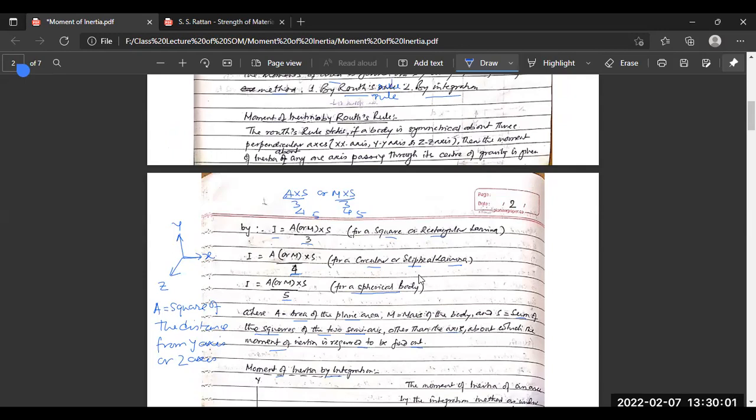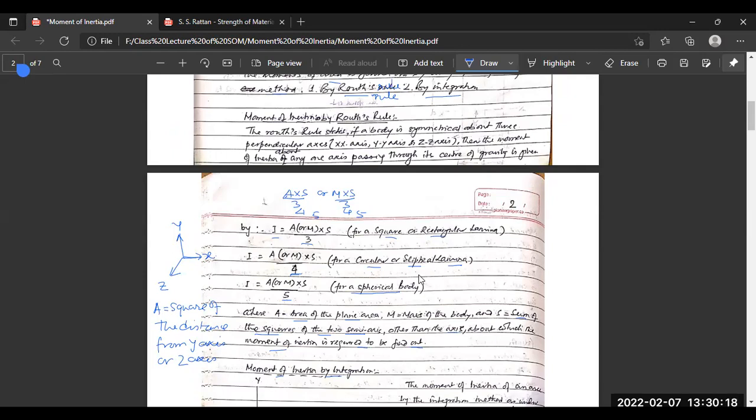area multiplied by S divided by 4, where A is the area of the plane area and S is the sum of the squares of the two semi-axes, other than the axis about which the moment of inertia is required to be found out.